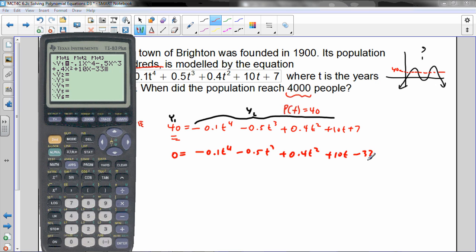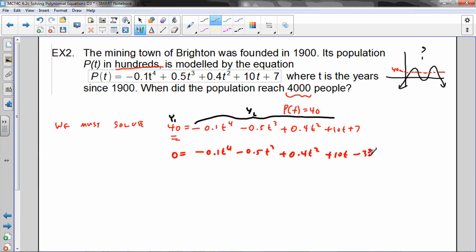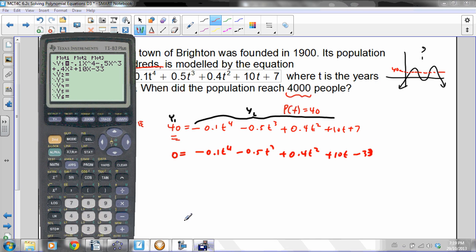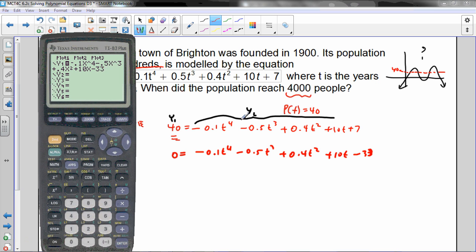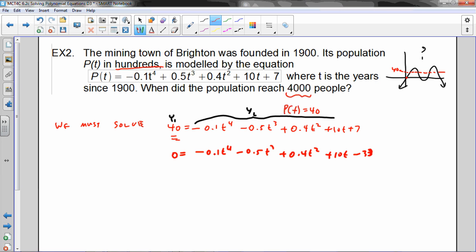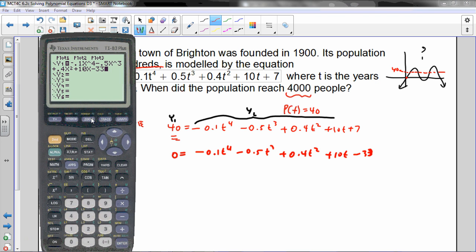That's supposed to say 33. And what's going to be some decent scale? I can't remember how far this goes out, but it's not going to have to get up to 40 because I'm interested in the roots. So I'm going to just press zoom 6 and hope for the best. Taking a long time. Nothing. So that's no good.